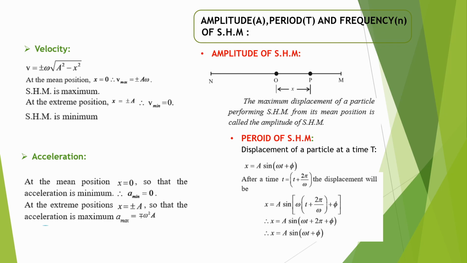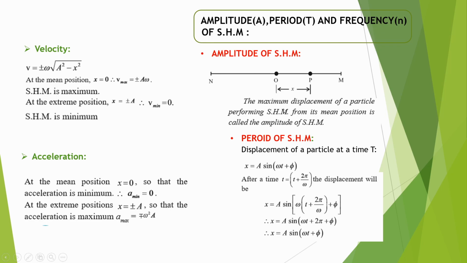So the displacement is equal to ±A, and this is the amplitude of SHM. What is the definition of amplitude? The maximum displacement of a particle performing SHM from its mean position is called the amplitude of SHM.